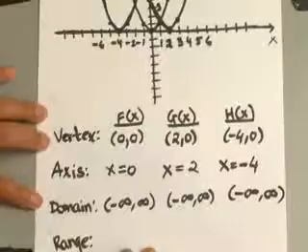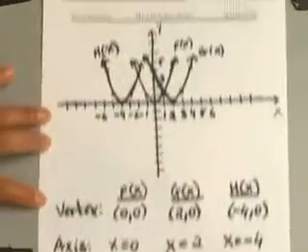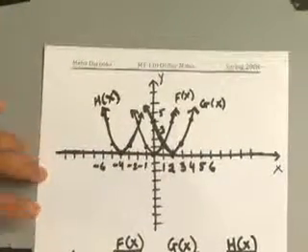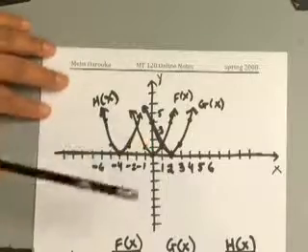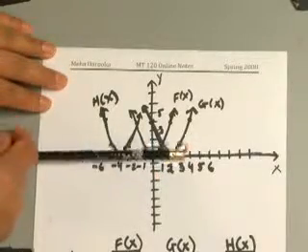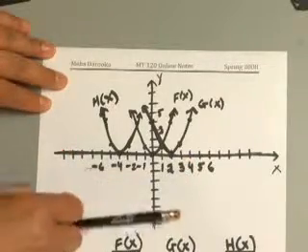Now we want to talk about the range. What happens to the range of these functions? Has your range changed or does it stay the same? Now let's look at our graphs again. Unlike your vertical shift, your graphs here didn't move up and down, they just moved horizontally on the x-axis. So for all three of these graphs, you don't see any part of the graph below the x-axis. There's nothing there.